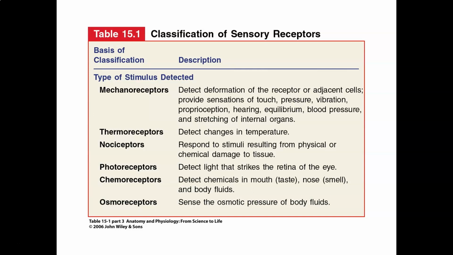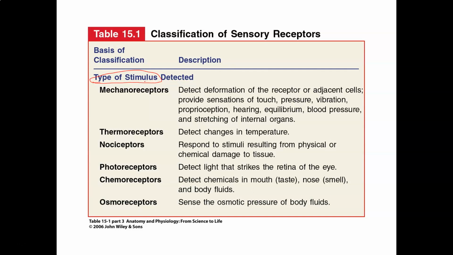Okay, and then here's yet another way to classify sensory receptors. All of these are very useful for understanding, in general, sensory receptors, where they are, what they're responding to. So in this classification, we're dividing up the sensory receptors based on the type of stimulus. What kind of stimulus are they detecting?